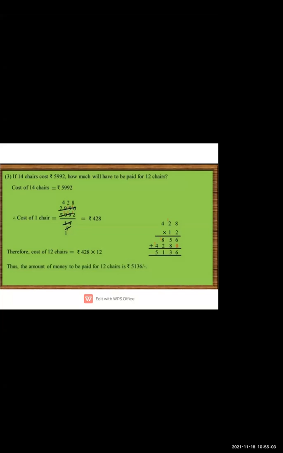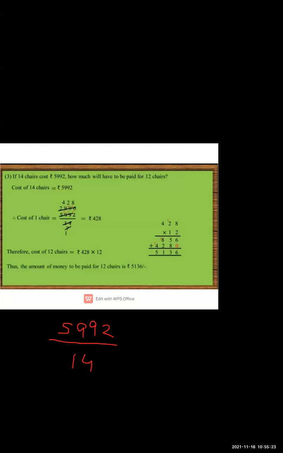So we will divide 5,992 by 14. Why 14? Because it is the price of 14 chairs. Now let's see how we will divide.